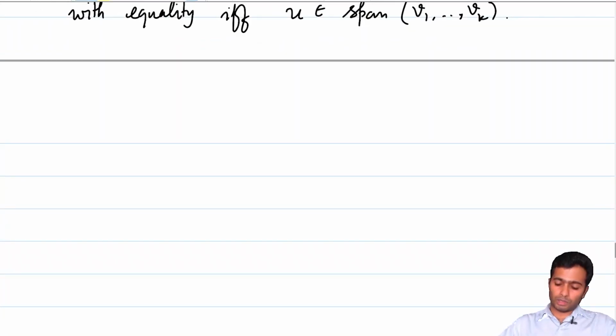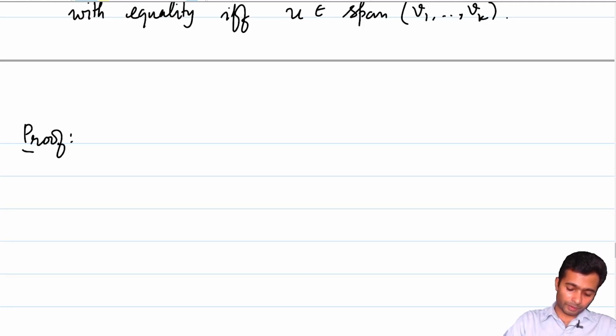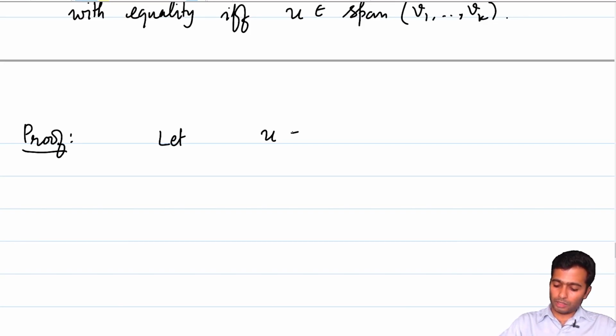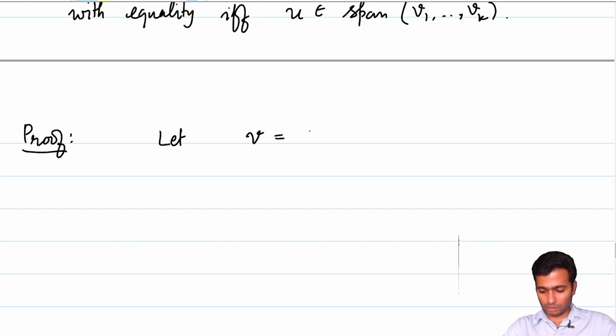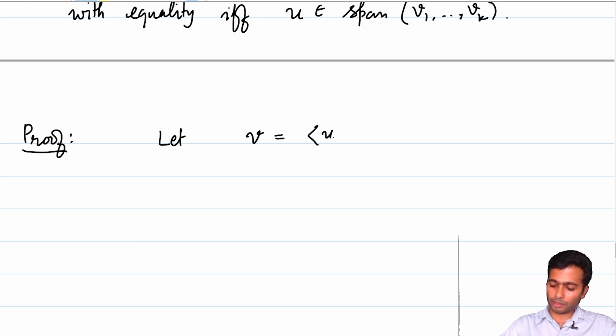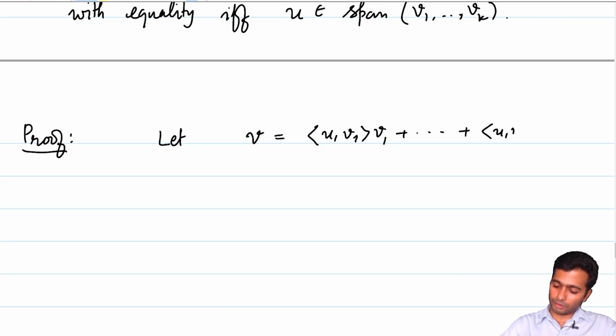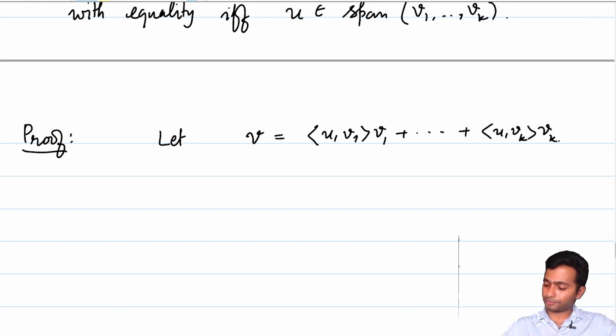Okay, so let's do one thing. Let's give a proof of this. So let v be equal to the vector given by the inner product of u with v1 times v1 plus up to the inner product of u with vk times vk.